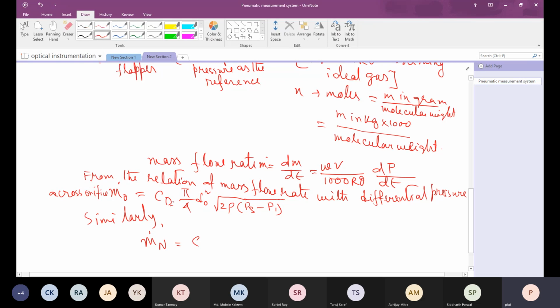This is CDO, discharge coefficient of the orifice. This is CDN, the discharge coefficient of the nozzle.